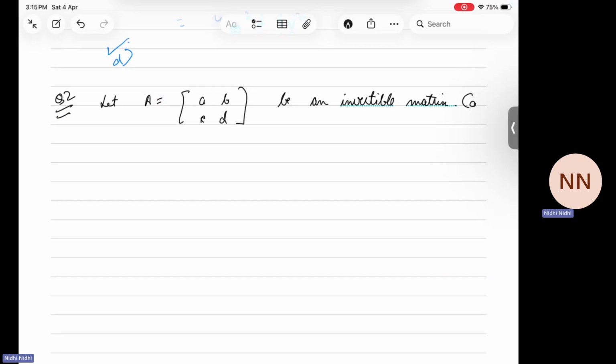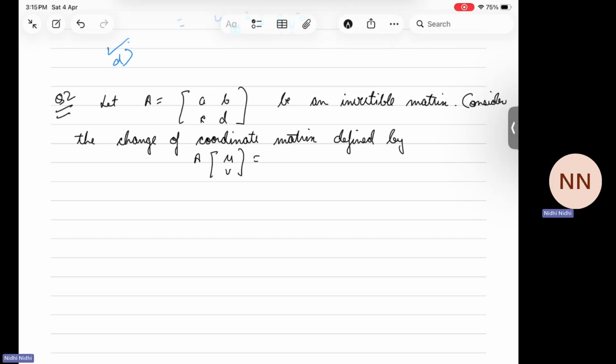Consider the change of coordinate matrix defined by A uv is equal to xy.